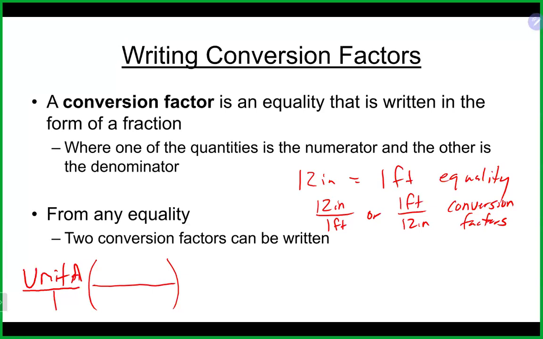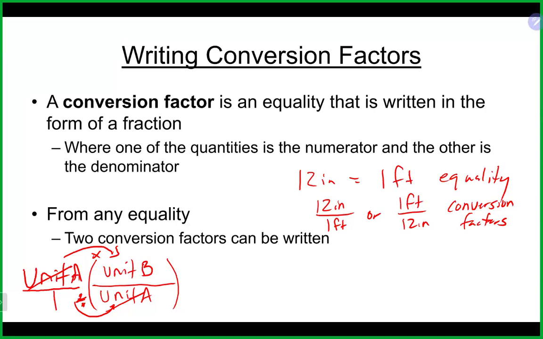So if I were to do this and use a conversion factor, I would want to use unit A on the bottom and unit B, which is maybe what I'm looking for, up on top. And what we're going to do mathematically here is multiply, and whatever's over here on the bottom, we're going to divide, basically. And what that will do is essentially cancel out unit A. They will cancel each other out.